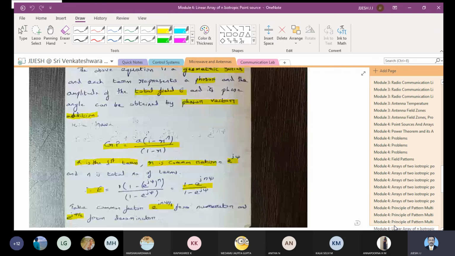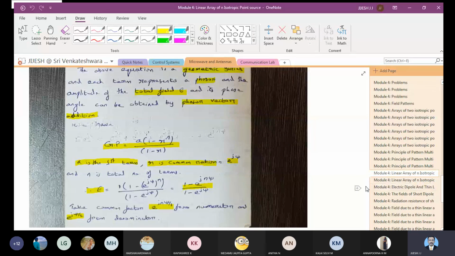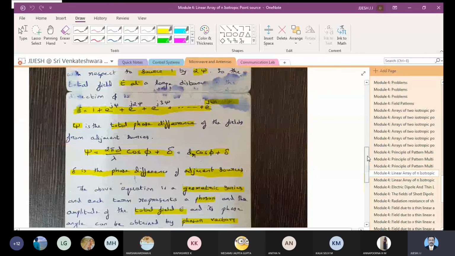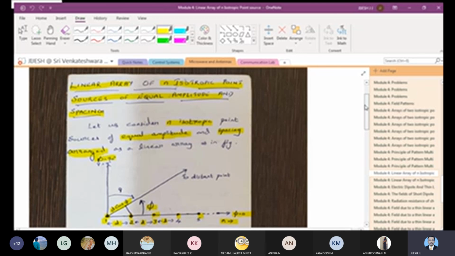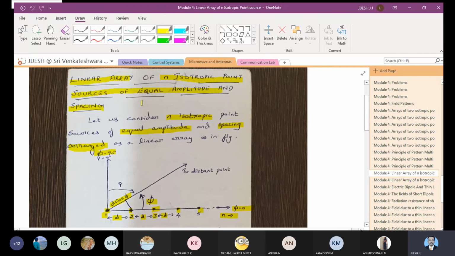Next, we have to discuss the linear array of n isotropic point sources of equal amplitude and spacing, where we are not taking one or two isotropic sources, we are taking n isotropic sources. So n isotropic sources are placed separated from each other by a distance d.